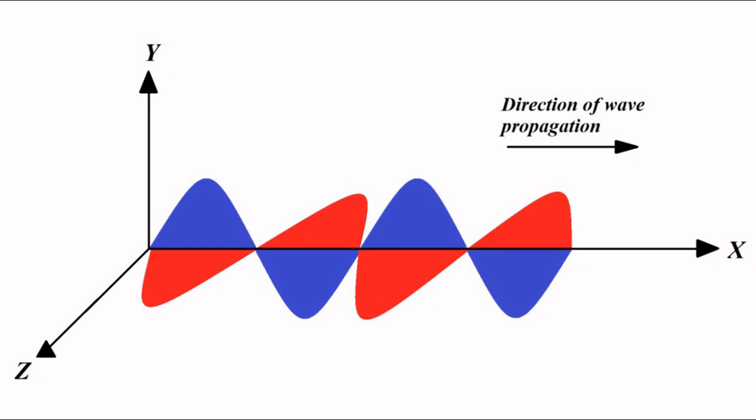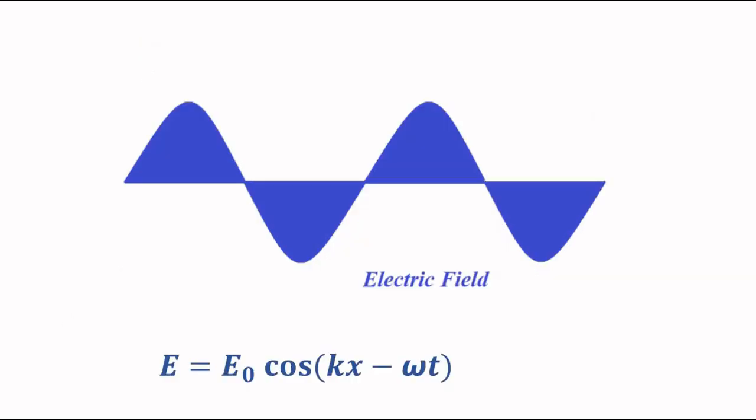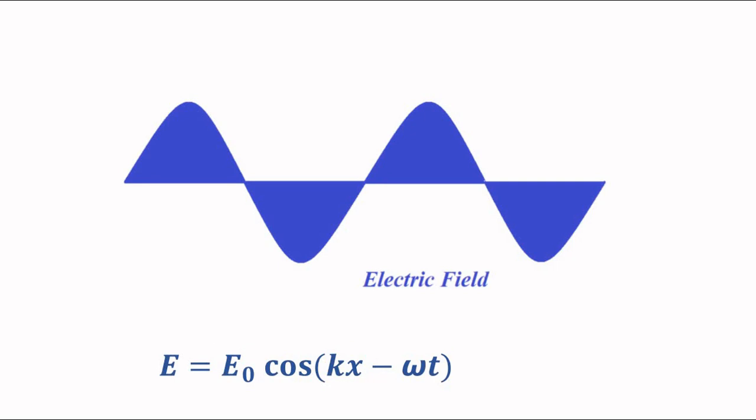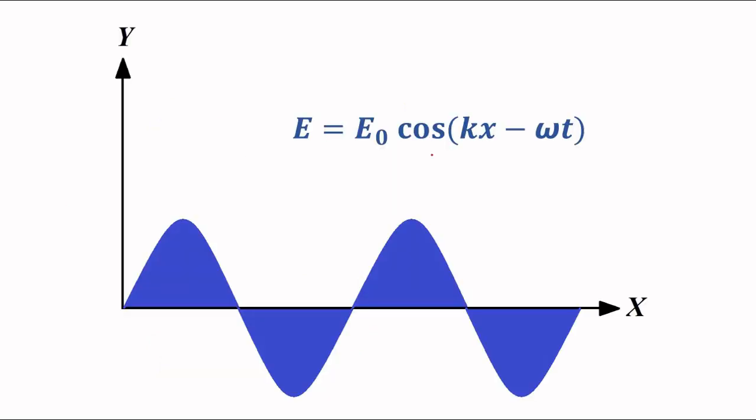So whenever there is a change in electric field, there will be a change in magnetic field, and whenever there is a change in magnetic field, there will be a change in the electric field, and the amplitudes of the electric and magnetic field can be expressed through sine expressions.